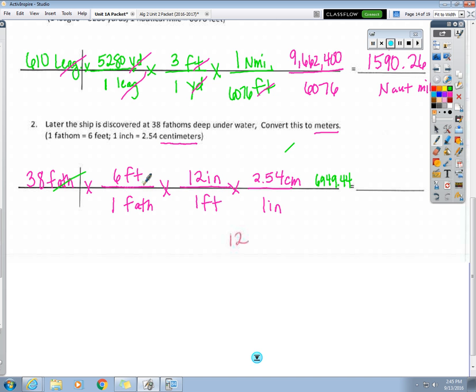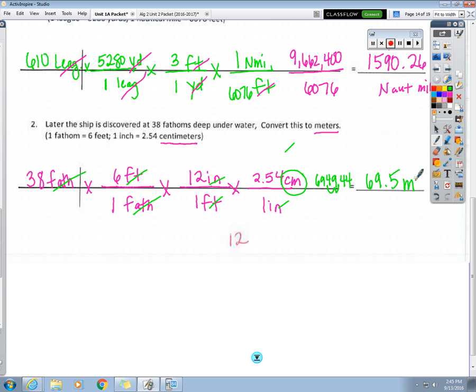Because look, fathoms cancel out fathoms, feet, feet, inches, inches. So that's left in centimeters. To change that over to meters, can't you just use this little method we learned? Centimeters to meters moves left 2 places. So if you move that decimal point left 2 places, how many meters is that? So couldn't you just round that to 69.5 meters?